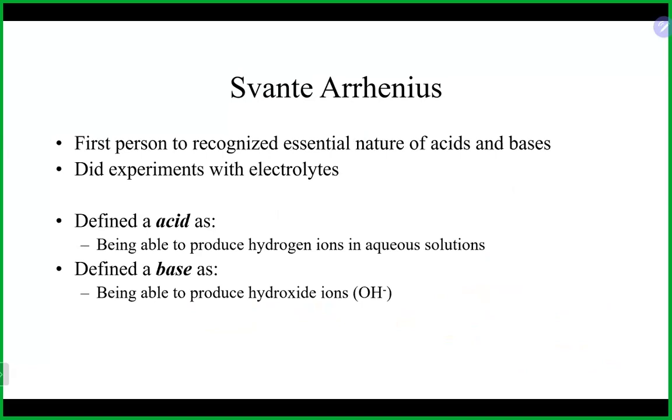One of the important things to remember is that ability to produce H plus in solution. We're talking about free floating H plus ions, not attached to anything, just freely floating around in the solution.